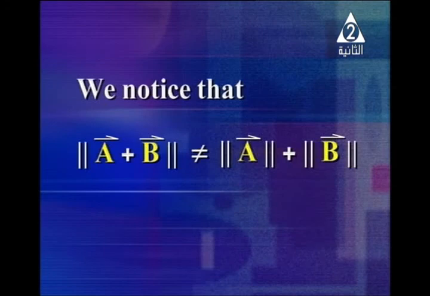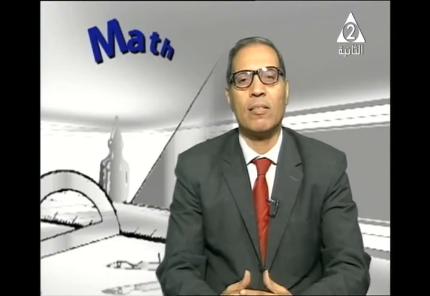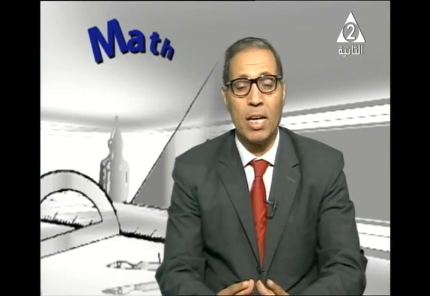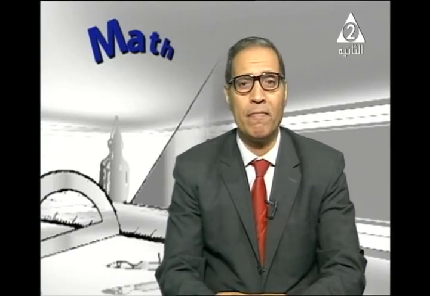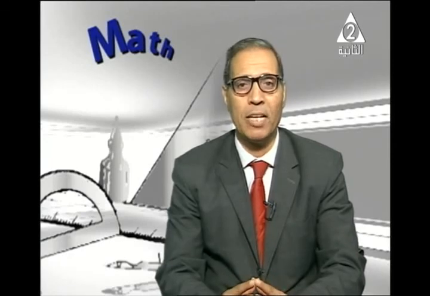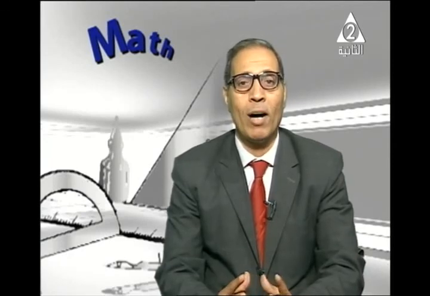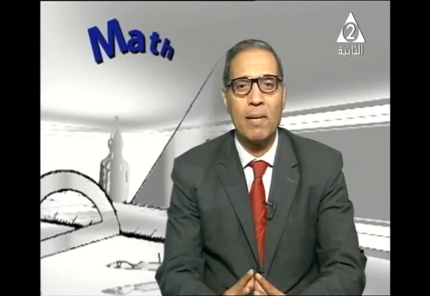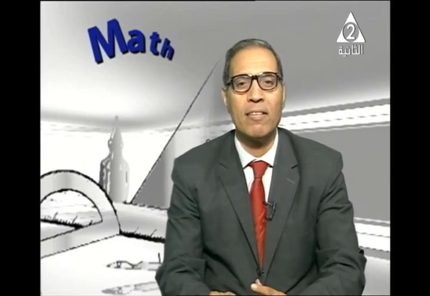If we have two vectors A and B, and we find A plus B, then find its norm, we deduce that the norm of A plus B does not equal the norm of A plus the norm of B.